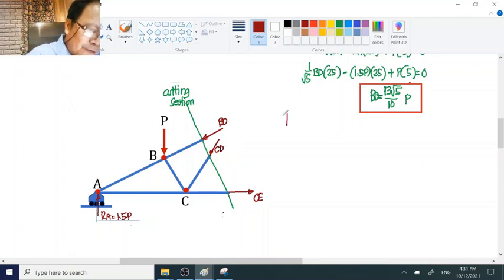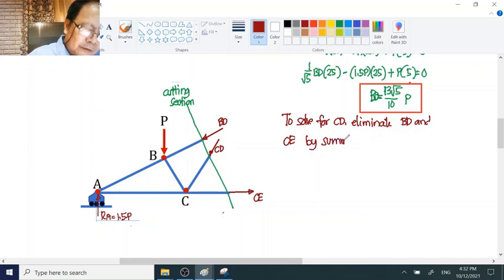To solve for CD, we eliminate natin BD and CE by summing up moments about the intersection of BD and CE, which is the point A.